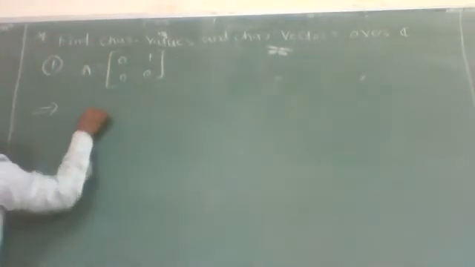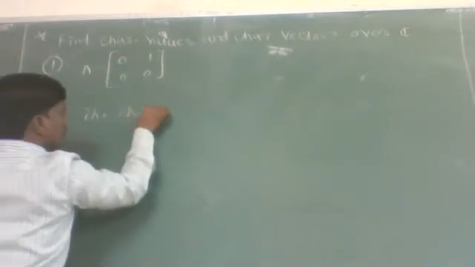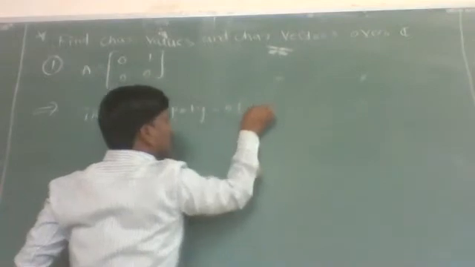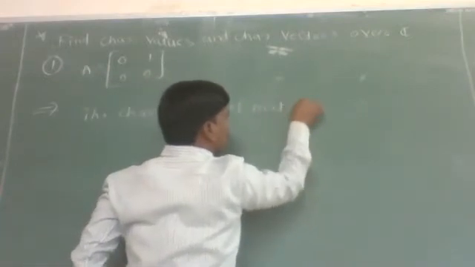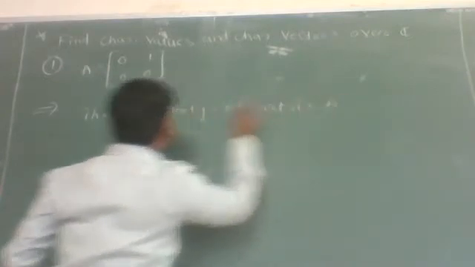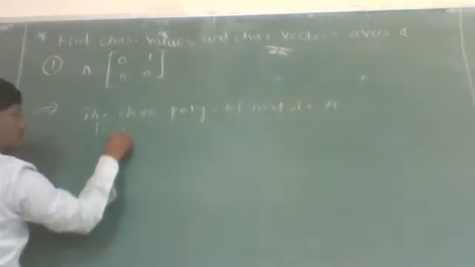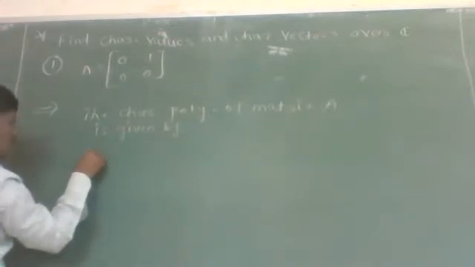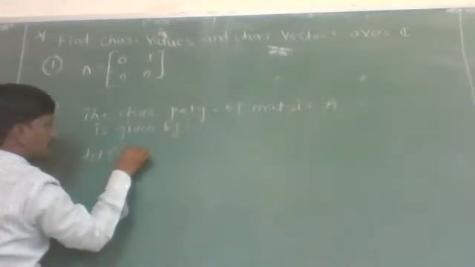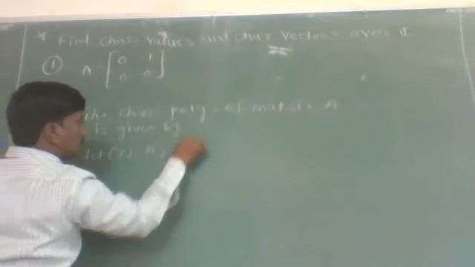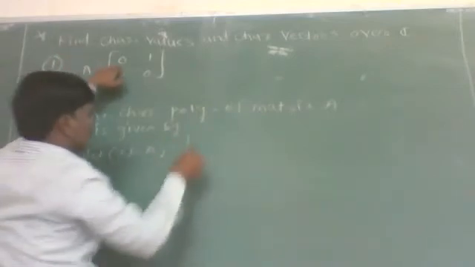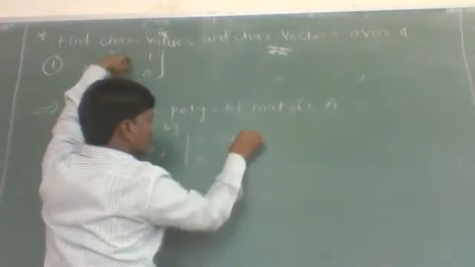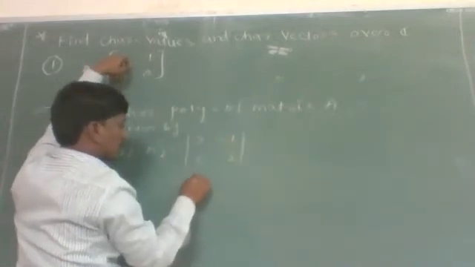The characteristic polynomial of matrix A is given by the determinant of xI minus A, which is the determinant of x, minus 1, 0, x, which is nothing but x square.